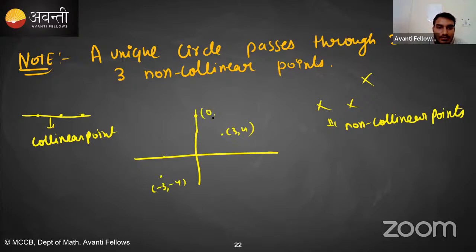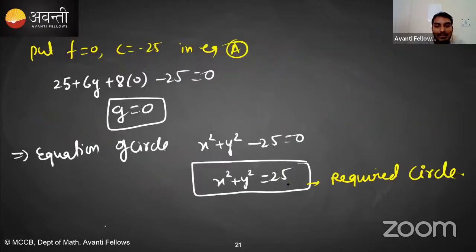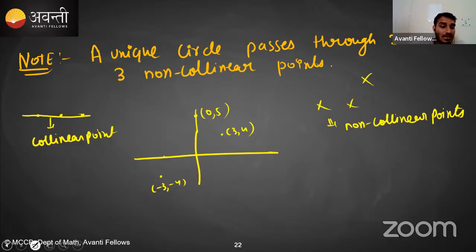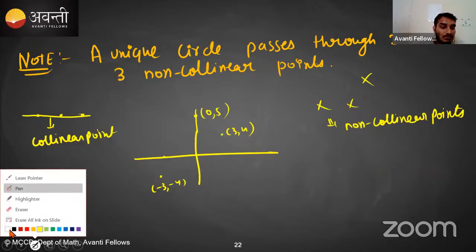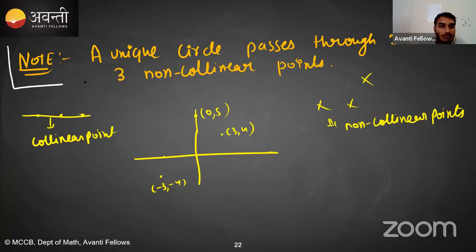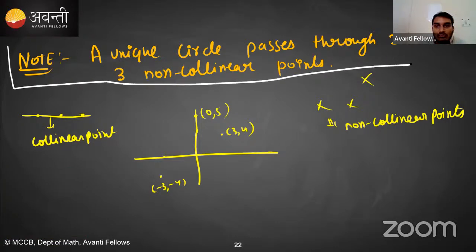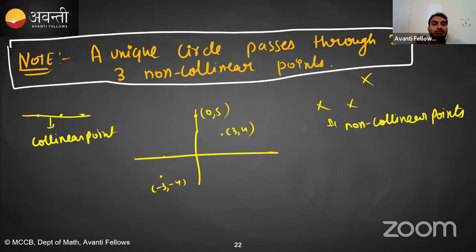There is no line that can pass through these 3 points at the same time, right? So how many circles are we getting? Only one circle. That's why it is very important to note that a unique circle passes through three non-collinear points. Is this understood? Tell me quickly in the chat box.